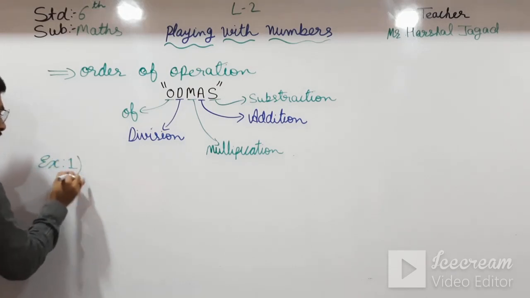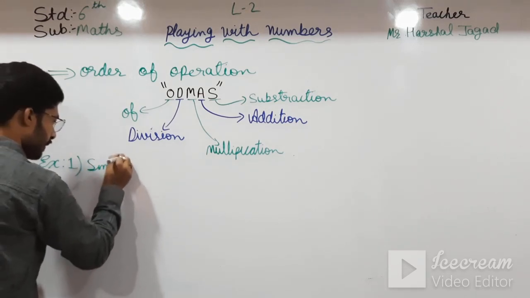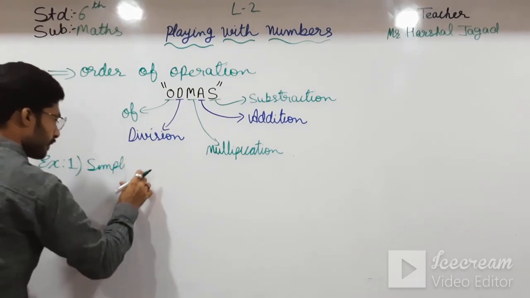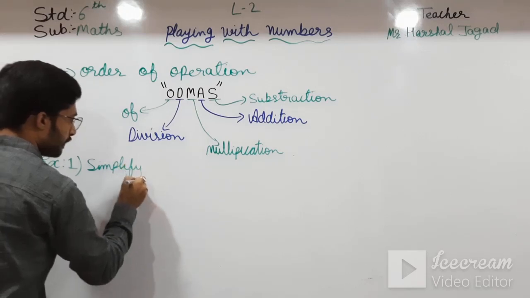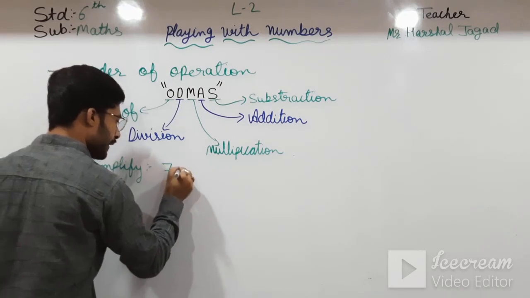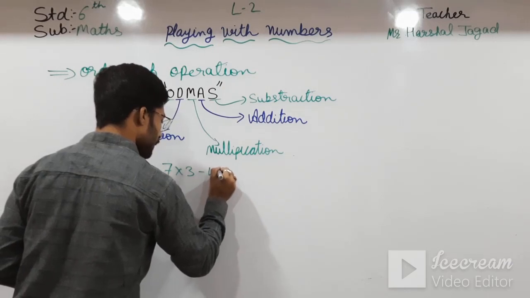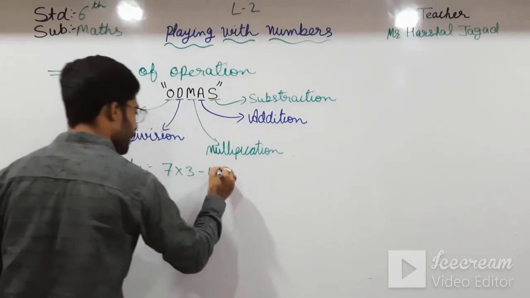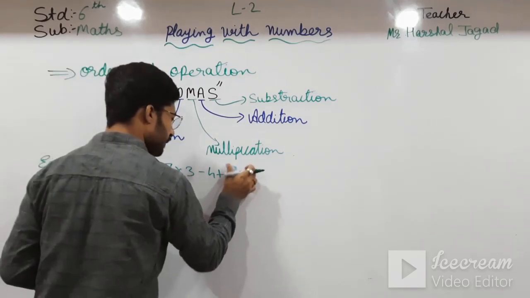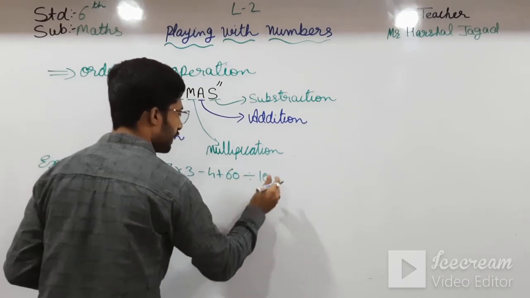Example number 1, that is simplify 7 into 3 minus 4 plus 60 divided by 10.